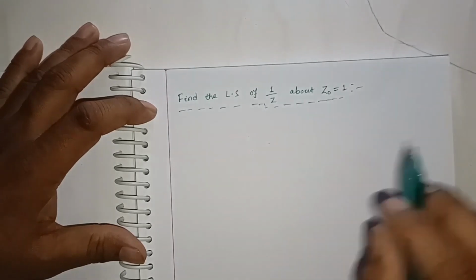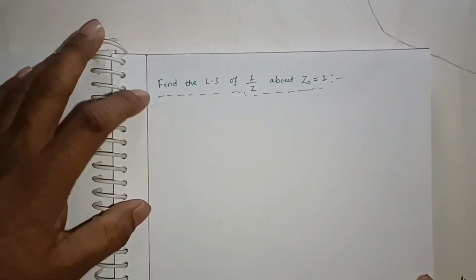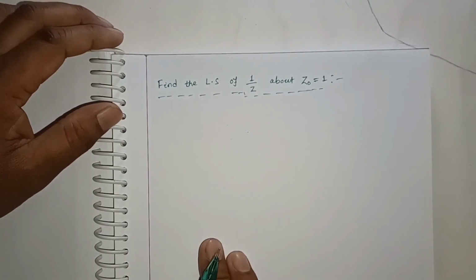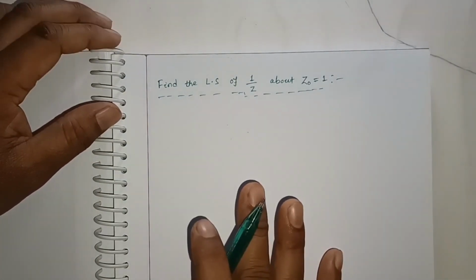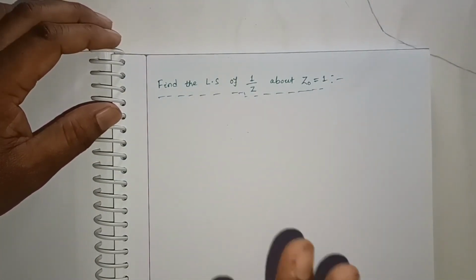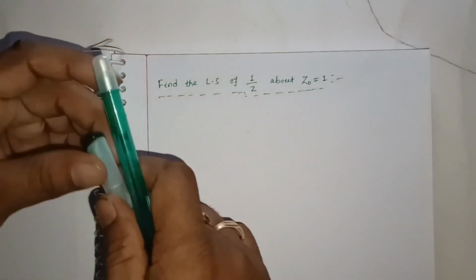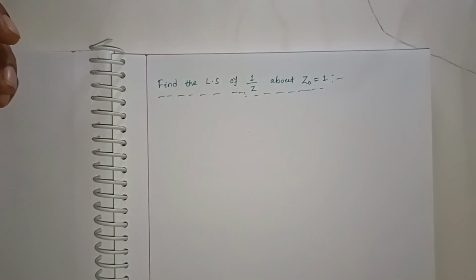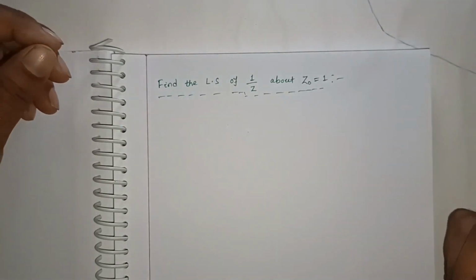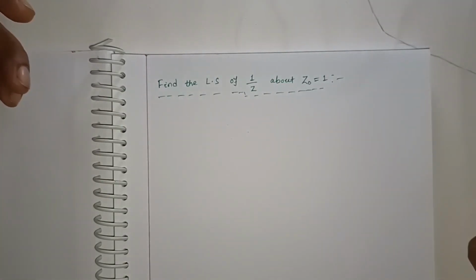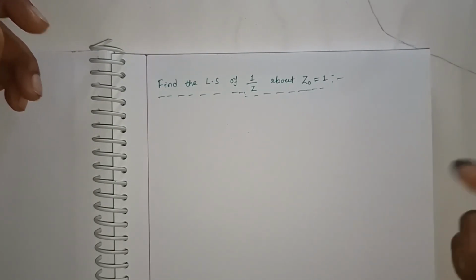I am going to do this step by step, and many things I am going to discuss. Carefully observe this question particularly. If you solve 2-3 questions with all the steps, then any question in Laurent series in future you can easily solve.